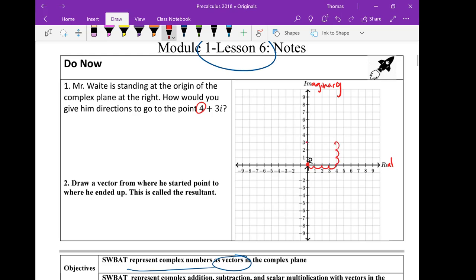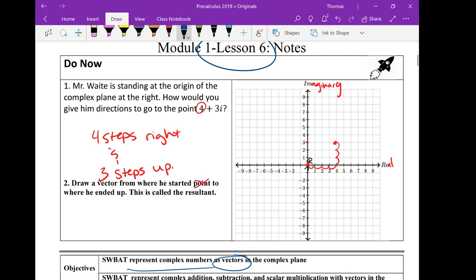So some common responses we got were 4 steps right and 3 steps up. Nice. It says now draw a vector from where he started, and this is a typo, from where he started to where he ended up. This is called the resultant.